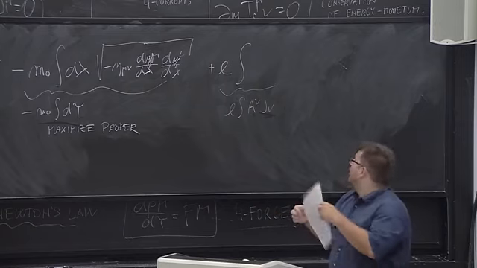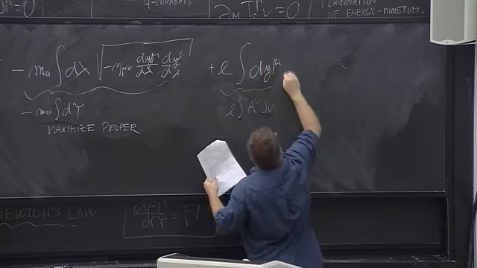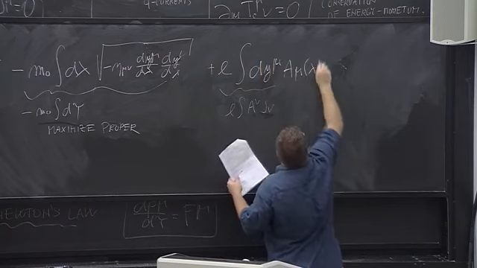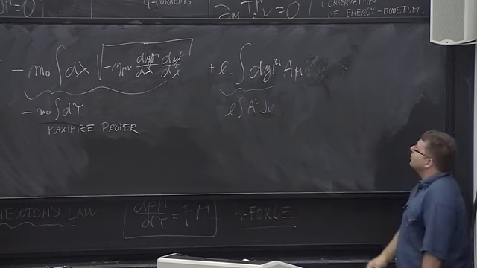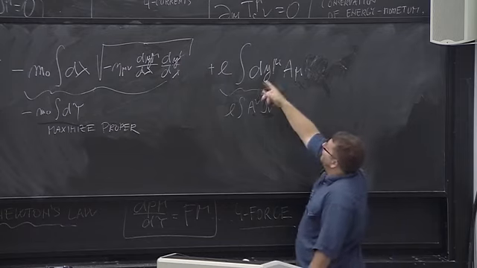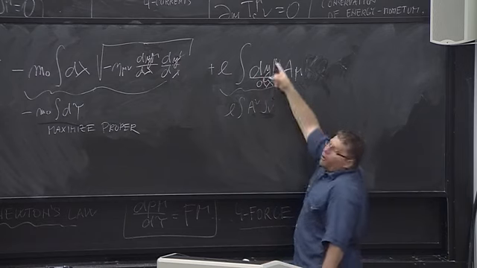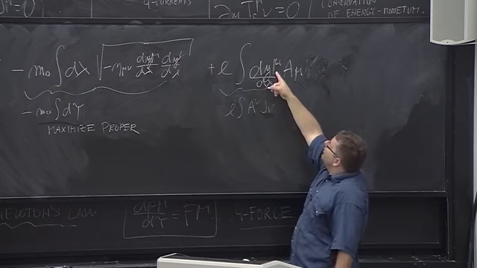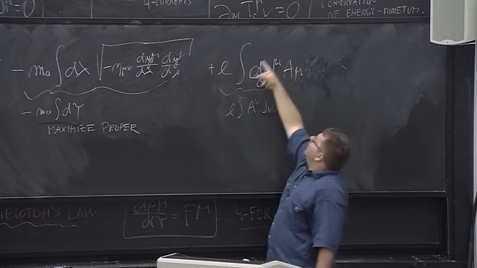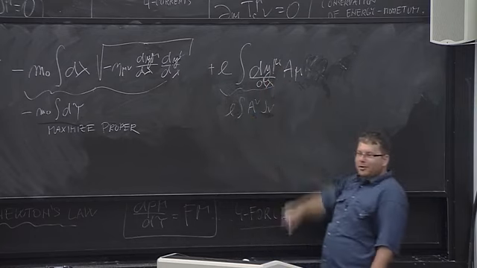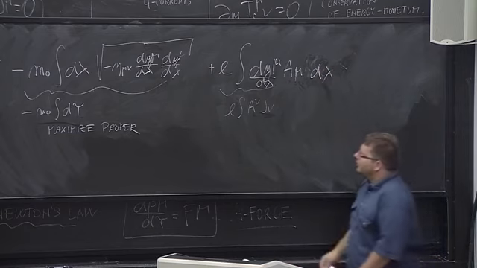So now I write it in this way: dy mu, A mu, at y of lambda. dy mu over d lambda. So if I divide by d lambda here, then this is my forward velocity. My forward velocity times the charge is the current. So I have the current times the field, and that's d lambda. Okay, so this is the interaction term.